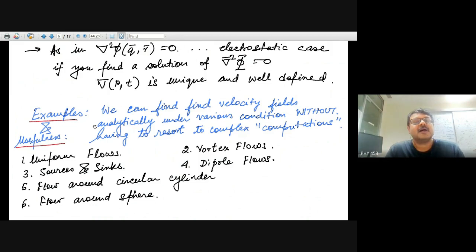Okay. So with this background, what we do is try to find velocity fields analytically, or rather phi fields analytically, under various conditions, without having to resort to complex computations.